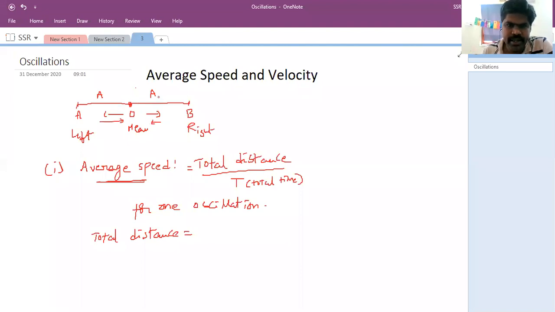So this is A, again A, again A, again A. How much total? 4 times of A. Total distance will be 4 times of A, amplitude, covered by the particle for one complete oscillation.